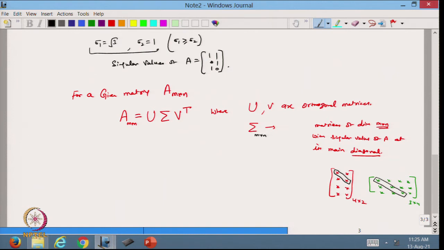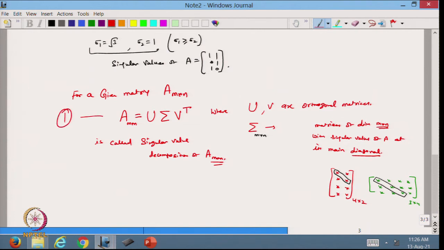So, this is the definition of this one. And now, if we are able to write this, it is called the singular value decomposition of matrix A, that is of order M cross N. I just write this as equation number 1.